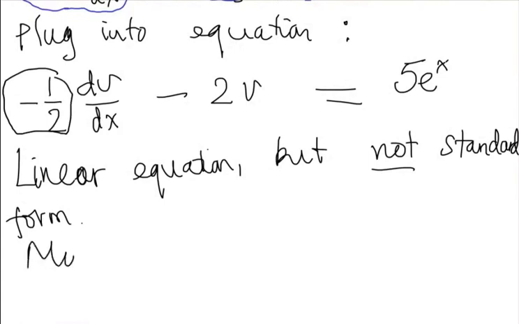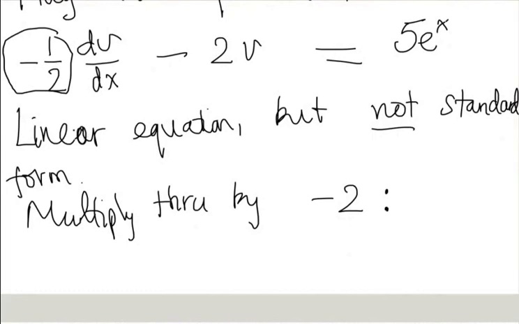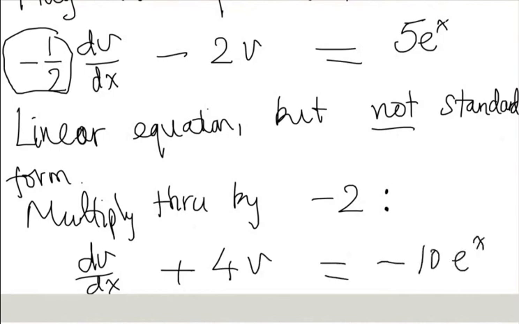So we multiply through by negative 2. We get rid of the first coefficient to get dv dx, multiply the middle term by minus 2, we get plus 4v, and on the right hand side we get minus 10 e to the x.